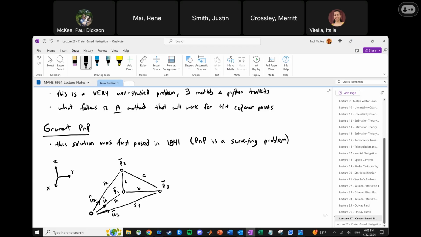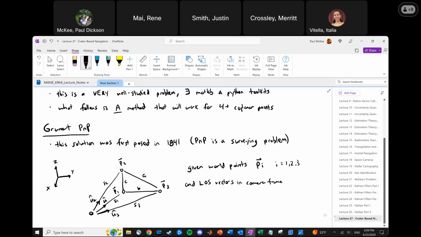So to formalize that, given world points Pi, where i is 1, 2, and 3. So we're looking at the P3P problem right now. And line of sight vectors in the camera frame.